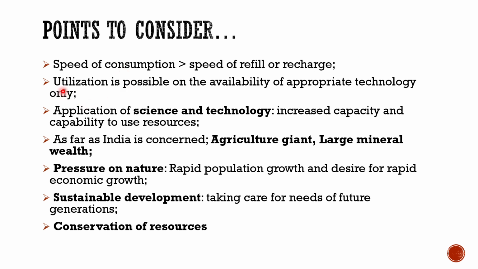Now, how is the utilization of these natural resources possible? It is very important to have an appropriate technology for that. An application of science and technology actually increases the capacity and capability to use resources. We have already seen that economies like the USA, Canada, and other Western European economies have used their science and technology to increase the capacity and capability to use resources.